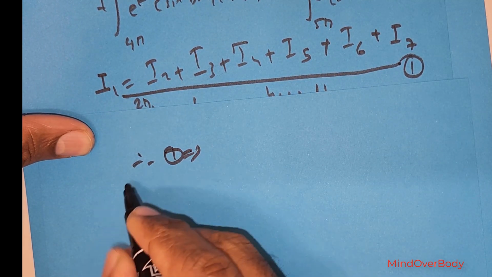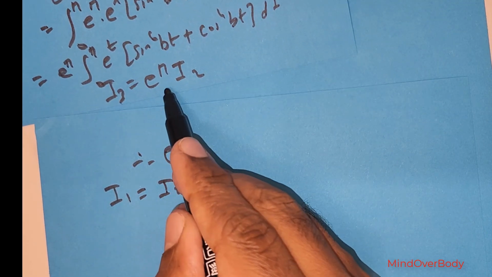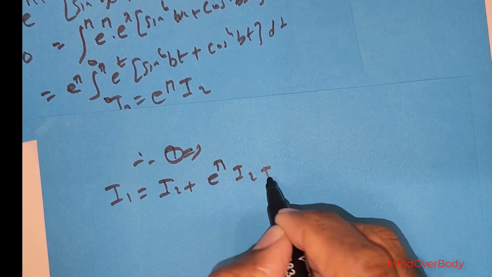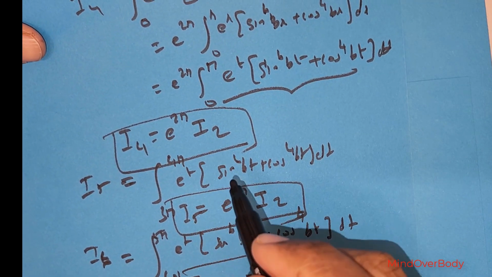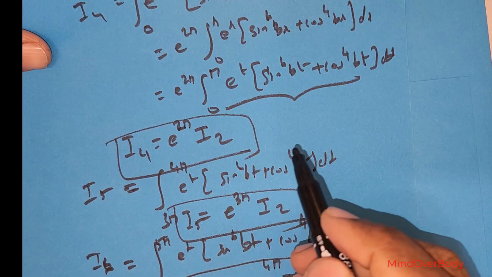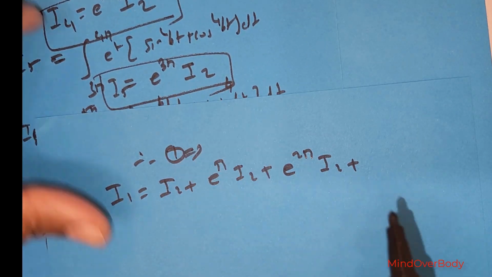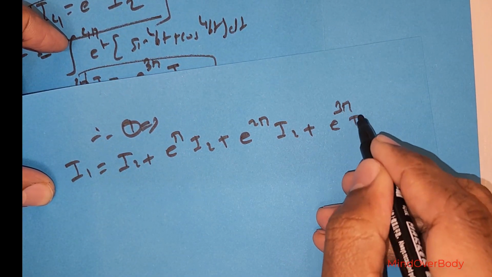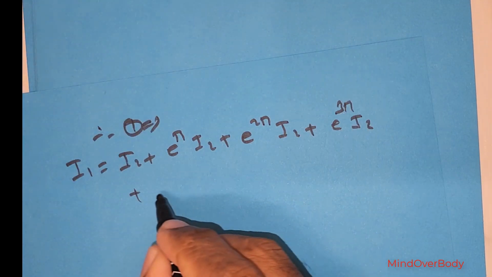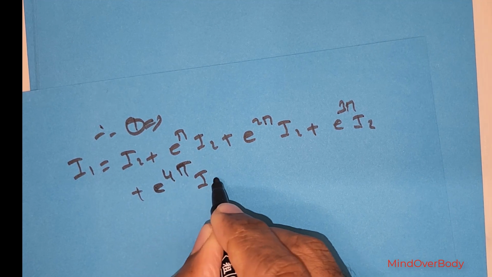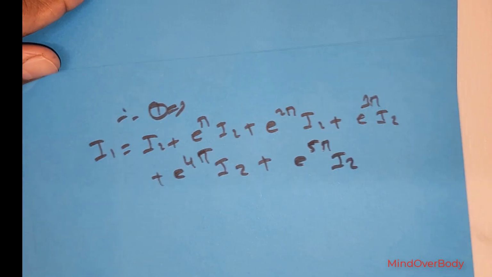So therefore 1 can be rewritten as I1 is equal to I2 positive, I3 is e raised to the power of pi I suffix 2, and I4 is e raised to the power of 2 pi I suffix 2, and I5 is e raised to the power of 3 pi I suffix 2, and I6 is e raised to the power of 4 pi I suffix 2, and I7 is e raised to the power of 5 pi I suffix 2. Okay, this is what we have got.